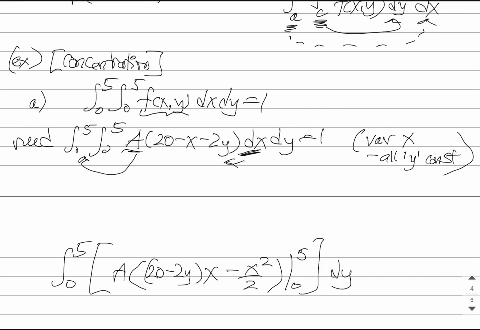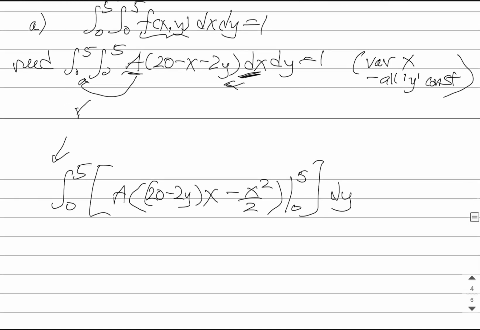Afterward, we will still need that to be integrated with respect to y. So at the end of the first stage of integration here, you should be left with an answer that no longer has x in it. It should only have constants and y's. So we'll have 5 times 20 minus 2y minus 25 over 2.